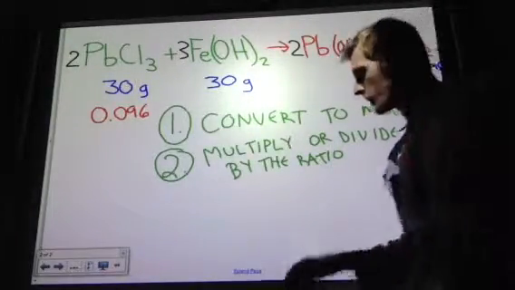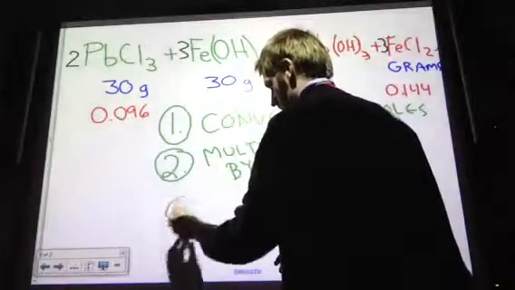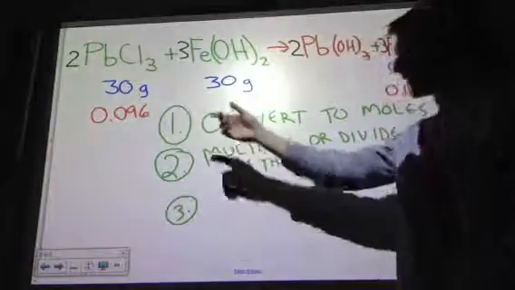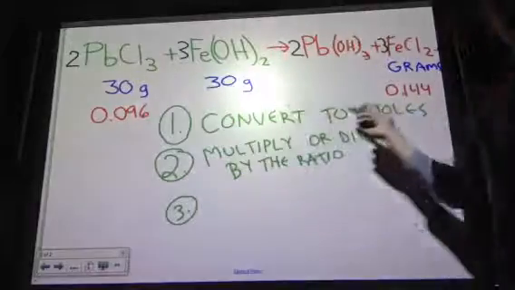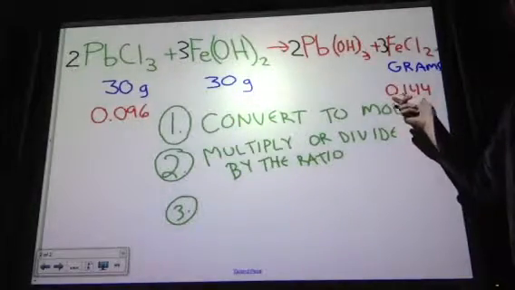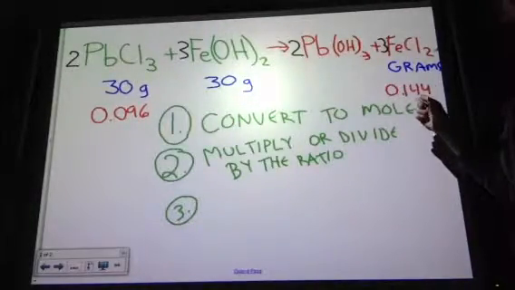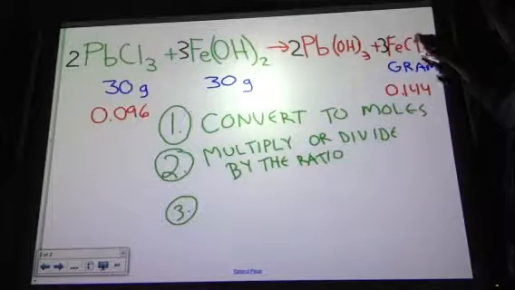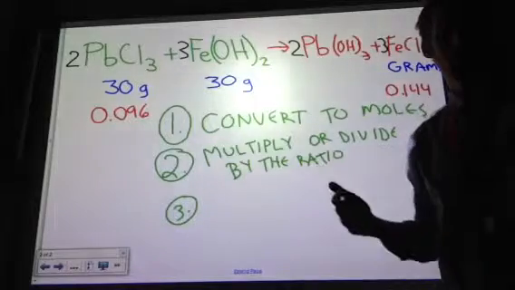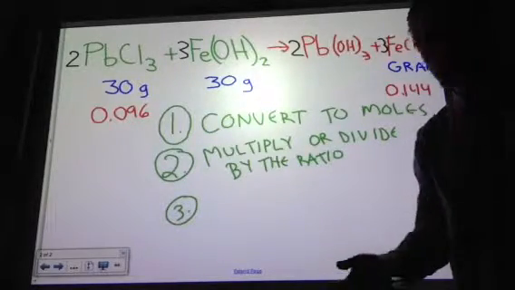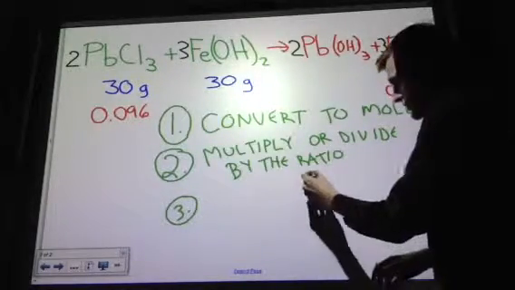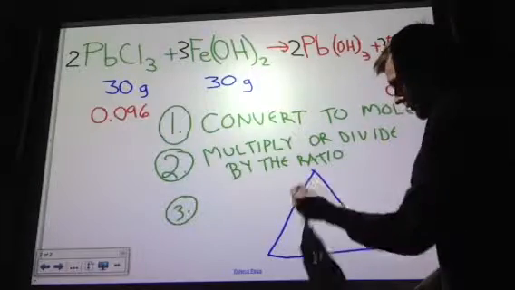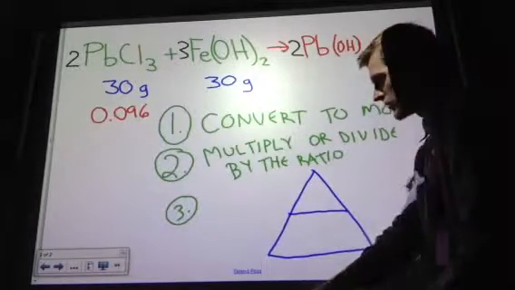Step 3 then is now you got some new information. You started with this stuff, now you have this stuff. So 0.144 moles of this, you put that right back into the equation to find out grams. So if you remember the equation, step 3, I should actually write out step 3 first.